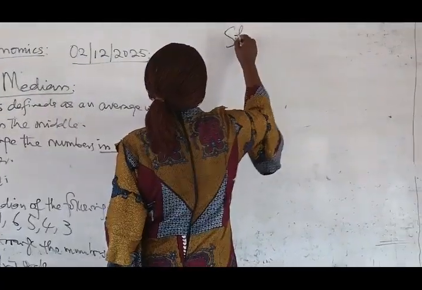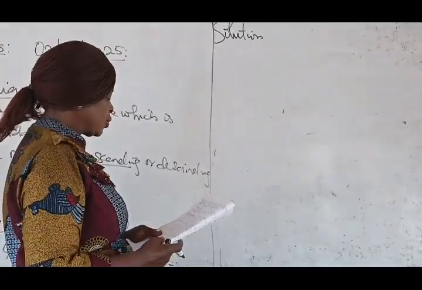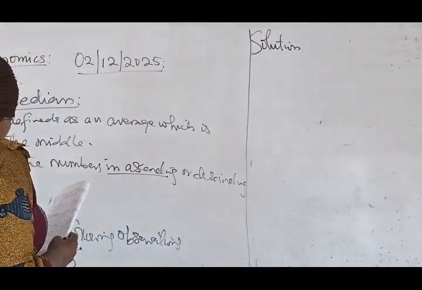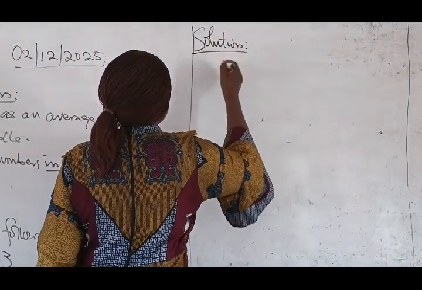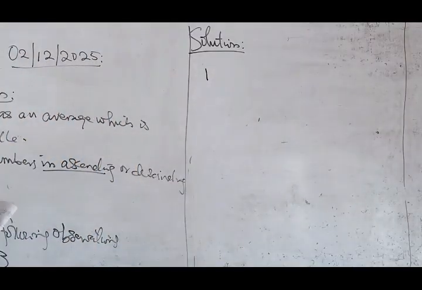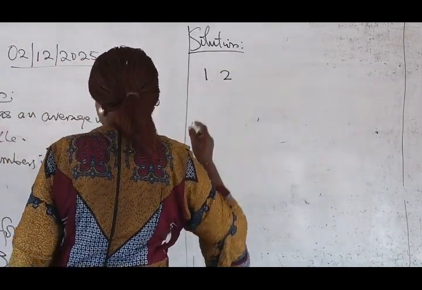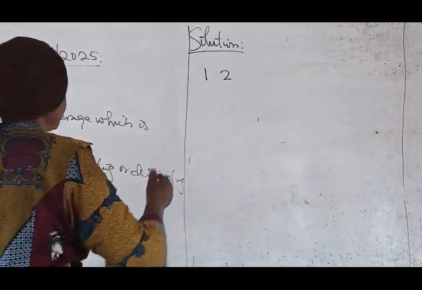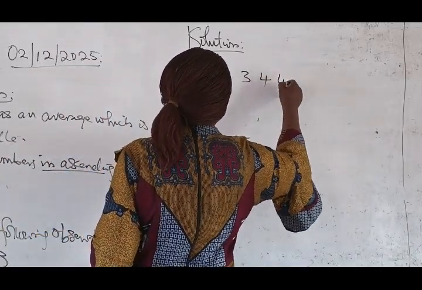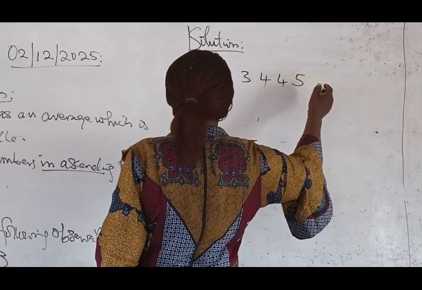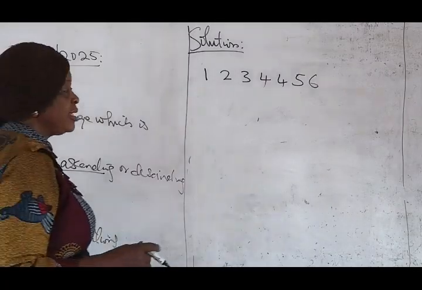For the solution, you go back to the numbers, get the lowest number there, which is 1, followed by 2, followed by 3, followed by 4, followed by another 4, followed by 5, and then followed by 6. We have arranged the numbers in ascending order of magnitude.